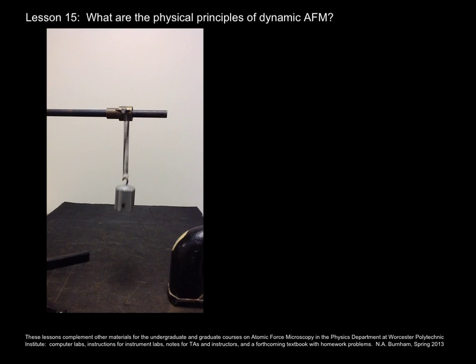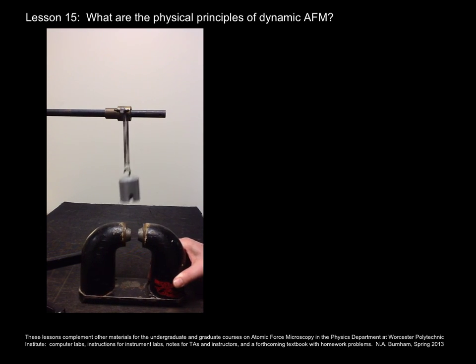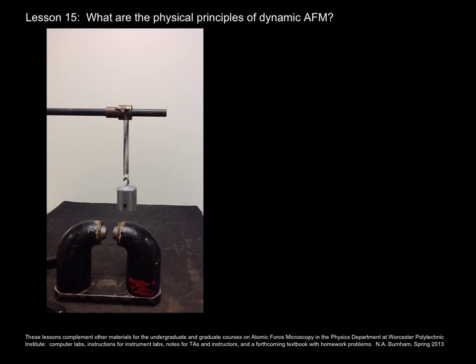This will represent surface forces between the tip and the sample. Here's the mass oscillating by itself, no outside influence. Now look, repulsive, and now attractive. Attractive is definitely slower frequency, and repulsive was slightly faster.